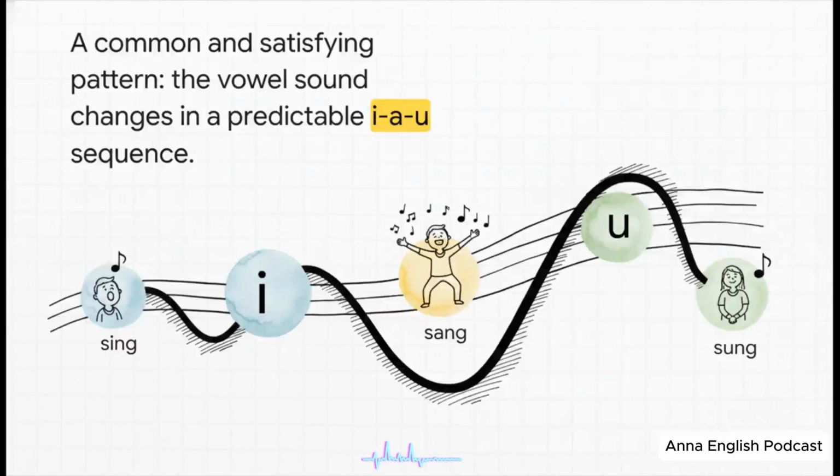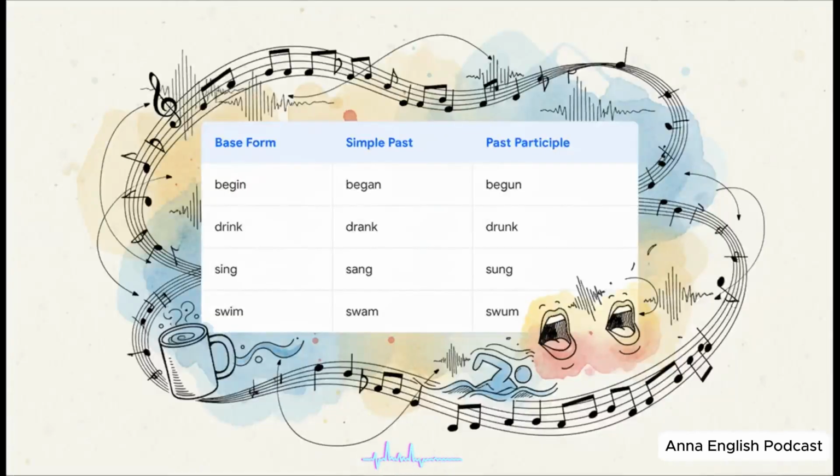Okay, next up, here is a really common and honestly kind of satisfying pattern. It's all about how the vowel sound changes in a really predictable way. It goes I, A, U. Just listen for it. Listen to how cool this sounds. Began, began, begun. Drink, drank, drunk.